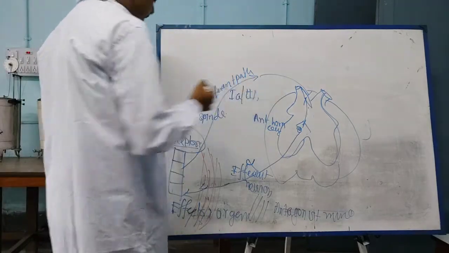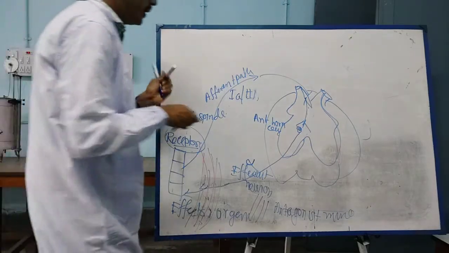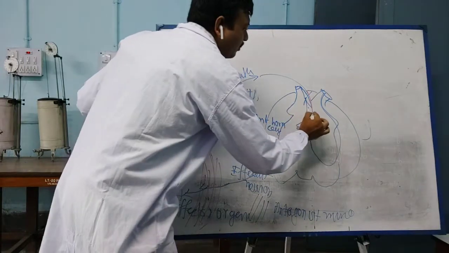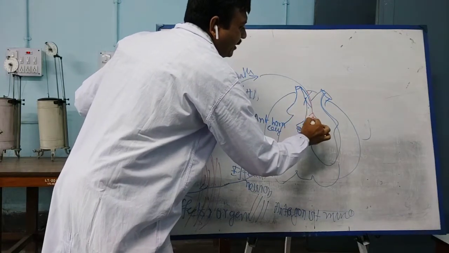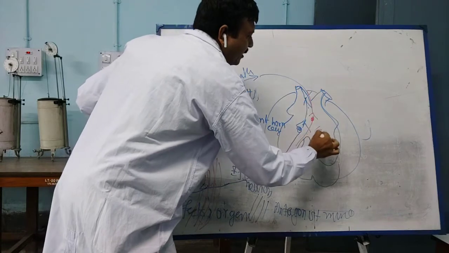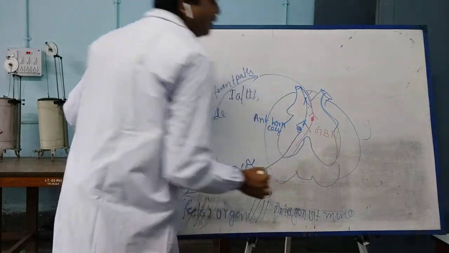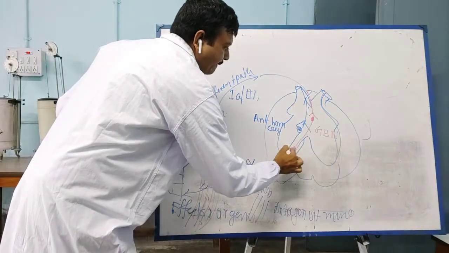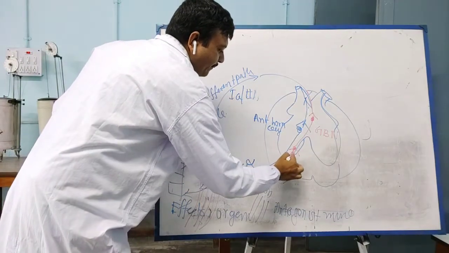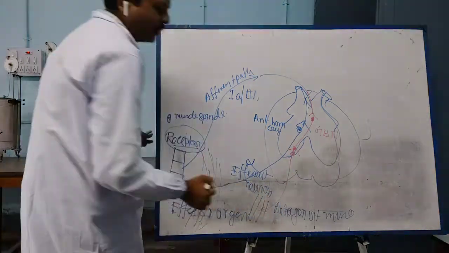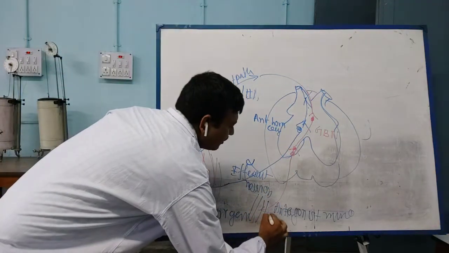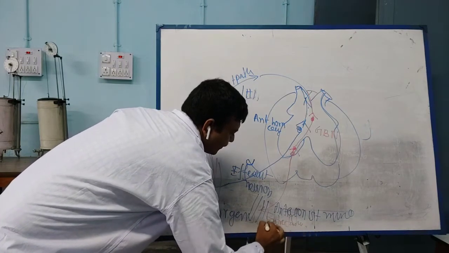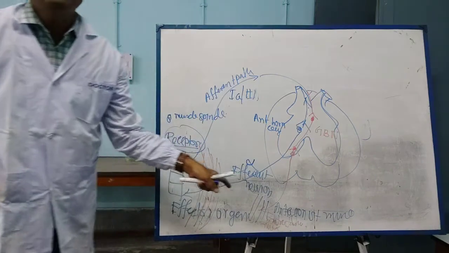From the 1A afferent fiber, it goes to the spinal cord. From there, inhibitory interneuron, that is the Golgi-bottle neuron, supplies the efferent nerve fiber, alpha motor neuron, to the extrafusal muscle fiber of the antagonist muscle, and it relaxes.